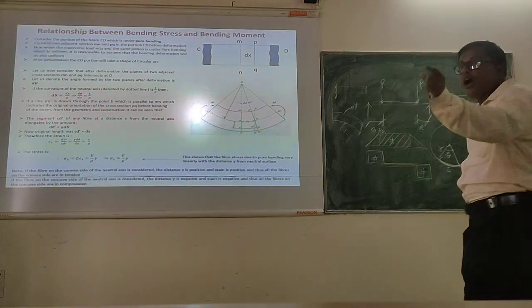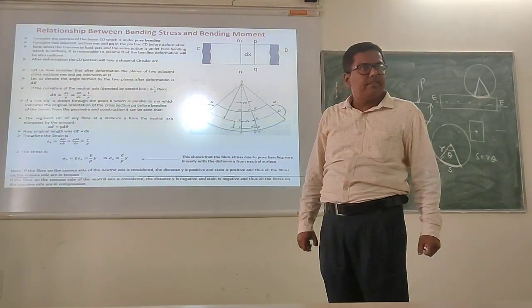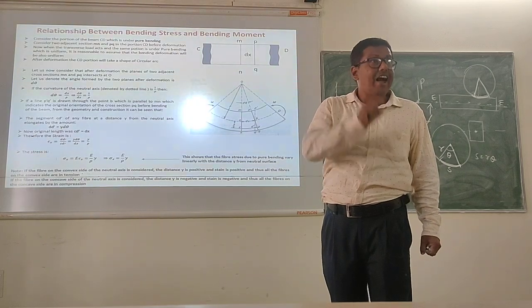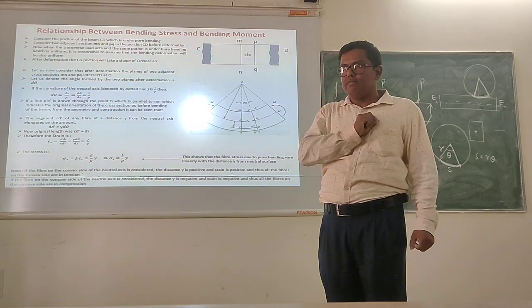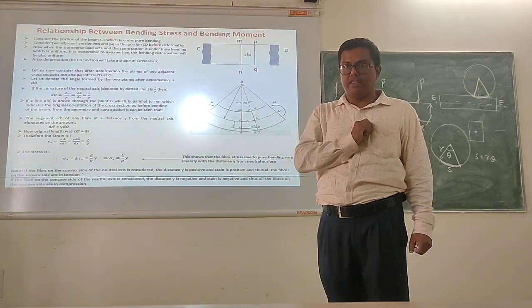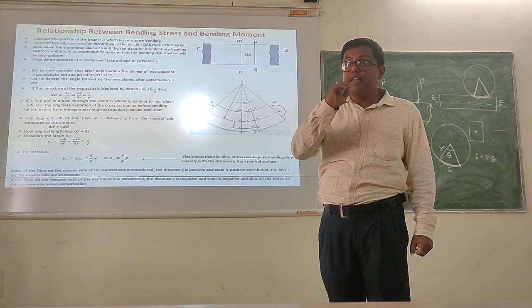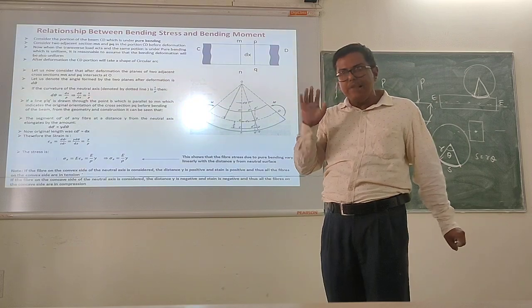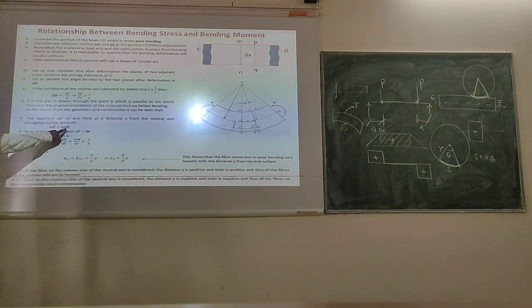So now you tell me, what is d dash? d dash is the extension at a distance y from the neutral axis, for the fiber which I am considering. Which location? At the bottom of the neutral axis. Correct? Is it clear? So considering that, d dash equals y d theta.